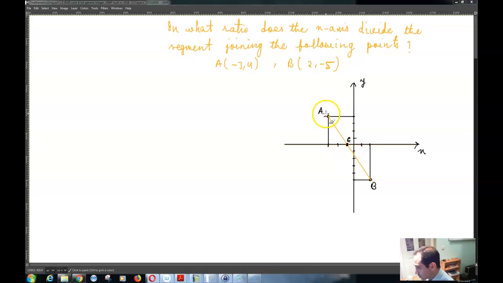You can find the equation of this line, and the equation of the x-axis you already know, and then based on those two pieces of information you can find the point of intersection of this line with the x-axis. That point of intersection would be C, and then you can use C in the section formula to find the ratio in which the x-axis is dividing the line segment AB.